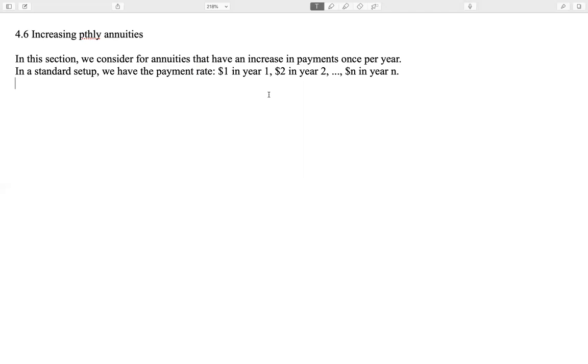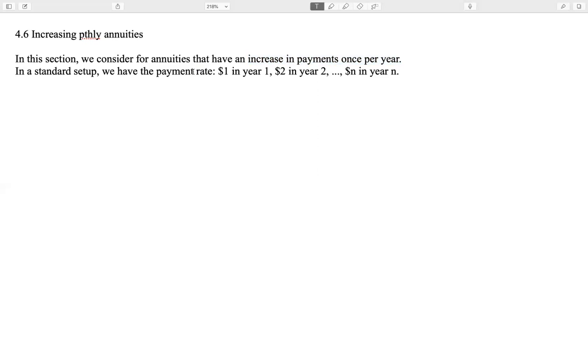So let's draw a graph, because the other case is for each payment there is an increment, right? So the first one is 1/P, the second one is 2/P. It's not in the second year, but here we only deal with the case when we have an increase every year once.